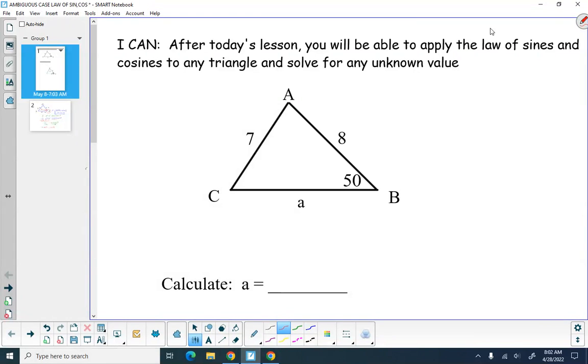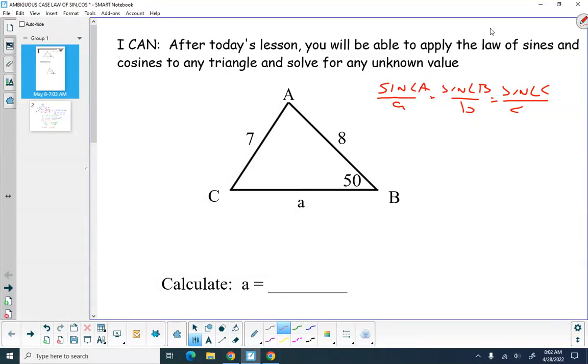Well, how do we go about doing this? What we know is law of sines and law of cosines, where law of sines is the easiest one to work with. We have sine of angle A over little a equals sine of angle B over little b equals sine of angle C over little c.